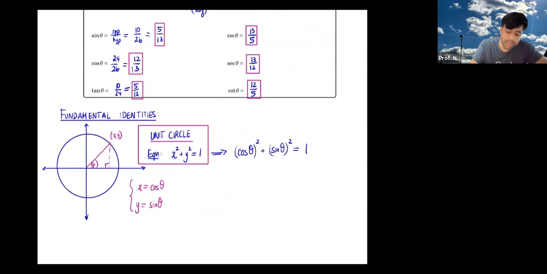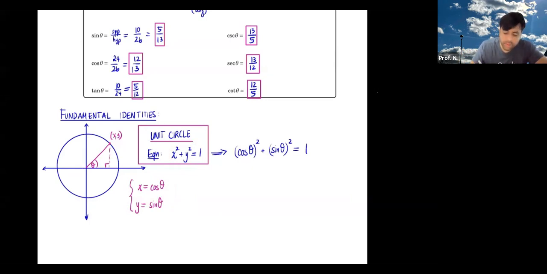So guys, the important thing here is that x squared plus y squared equals 1. This is something that we know without trig. Now, with this relationship between the x and y values and cosine and sine, you can create a new equation relating the sine and cosine of angles to one another.